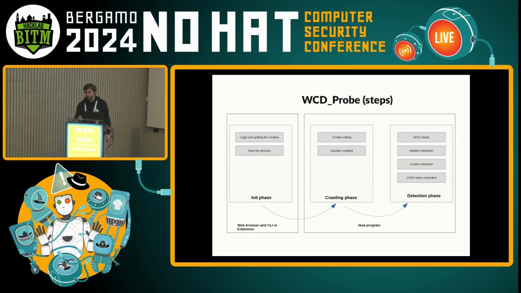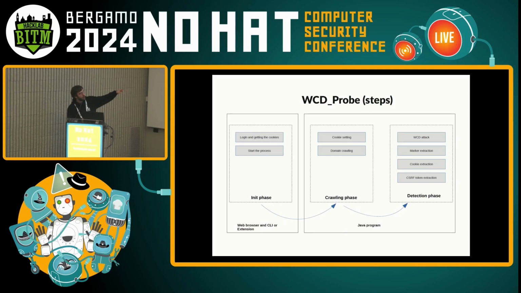It tries to extract markers. What I mean by markers are strings that you can insert in a configuration file of this tool. Typically, the username, your email, your phone number, so the tool can check if they are cached.